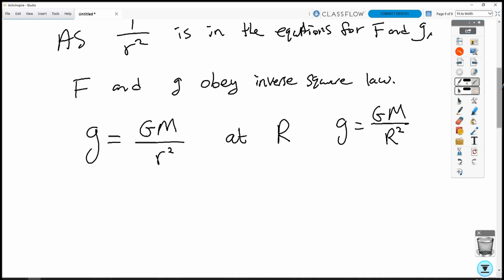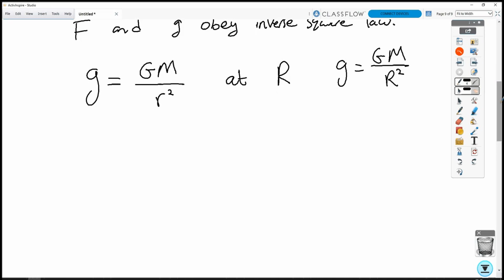Then we're going to test it at different values. So, at R, at 2R, at 3R, and at 4R. And then we'll put g here.